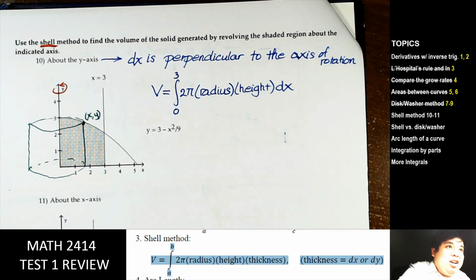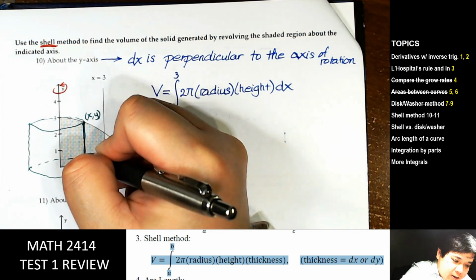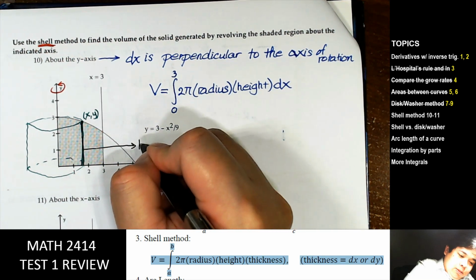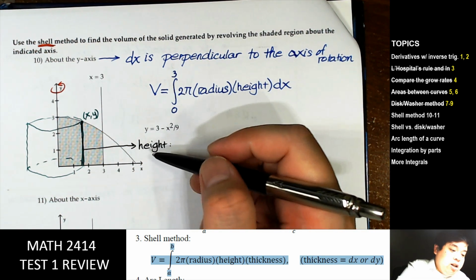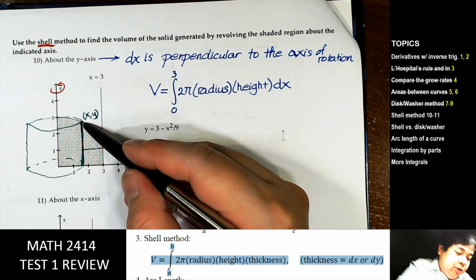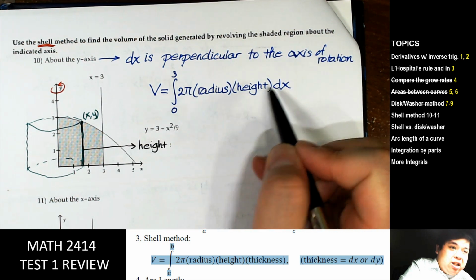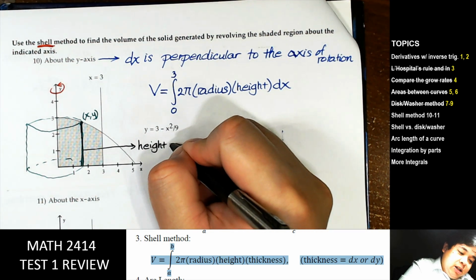So for this cylinder, the height is going to be this. We see that the height is going to be the function, subtract 0. The function has to be in terms of x. This is the function in terms of x, which is good, and that is the height.